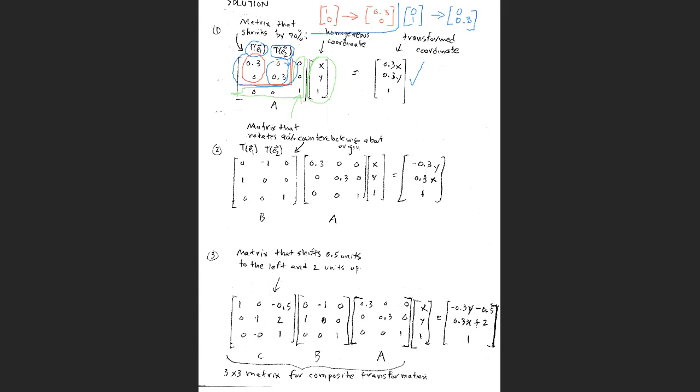In that case, this is the 2 by 2 matrix we would get.